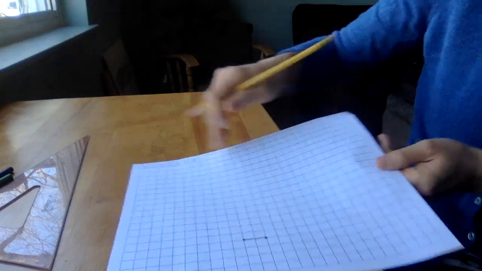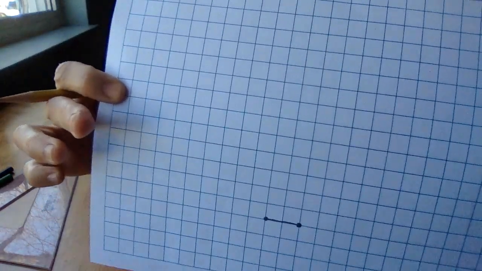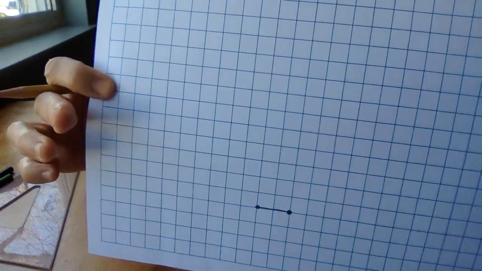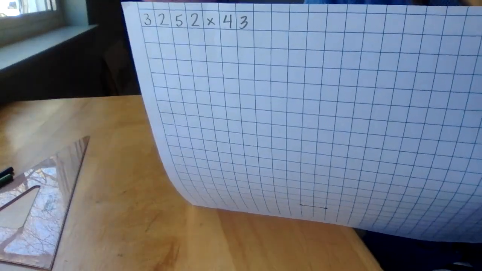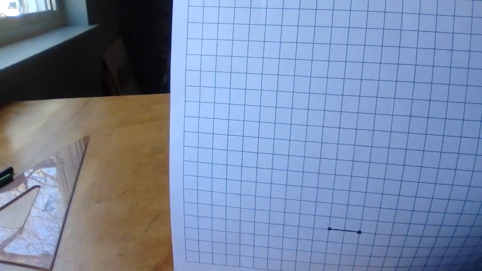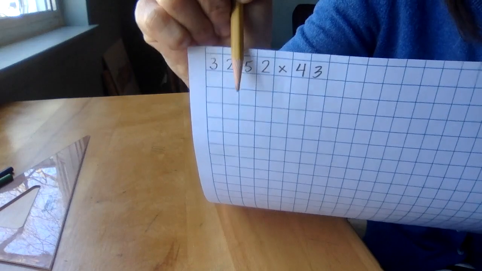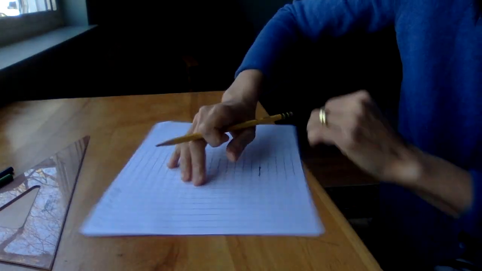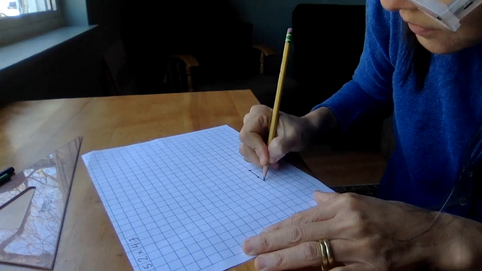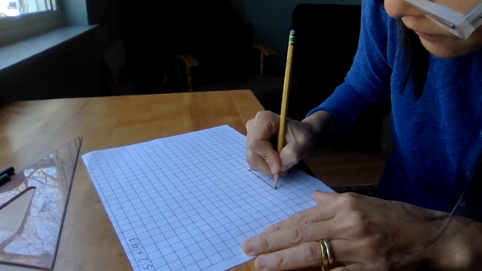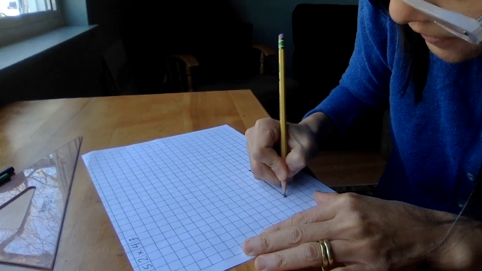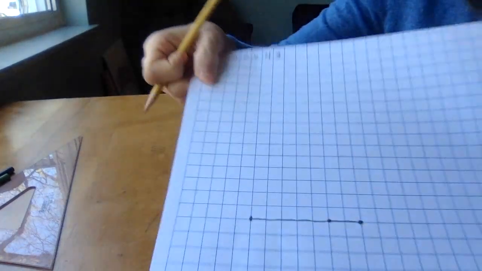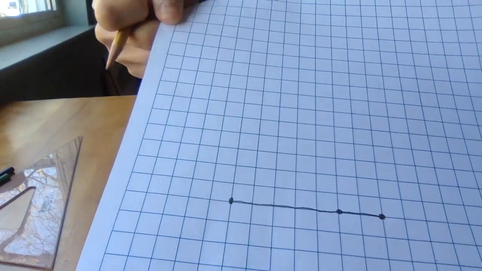So here, as you can see, 2. Now we're going to move on to the 5. Okay, let's build that. 1, 2, 3, 4, 5. And then I'm going to form a little dot there, just like that.